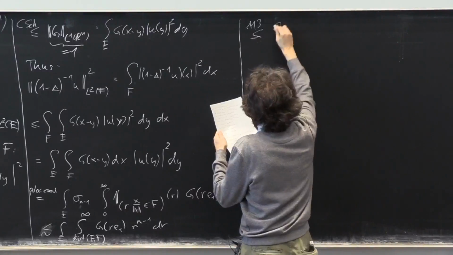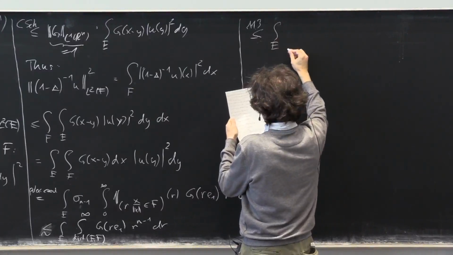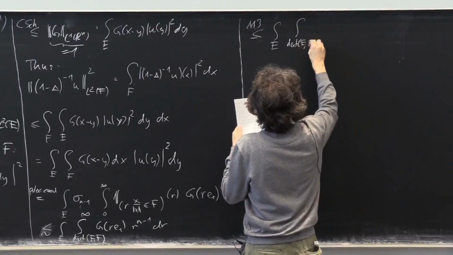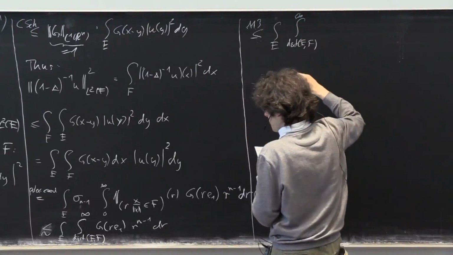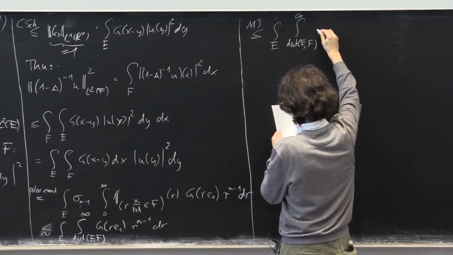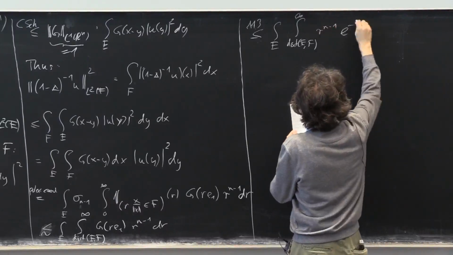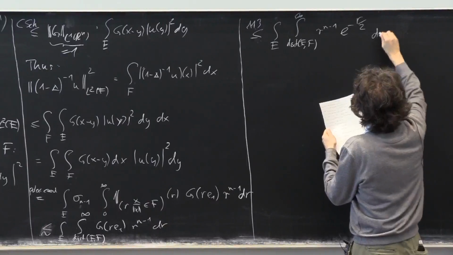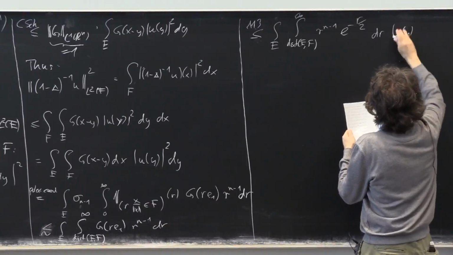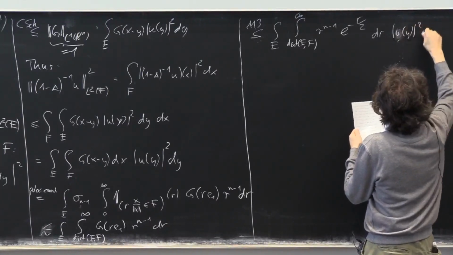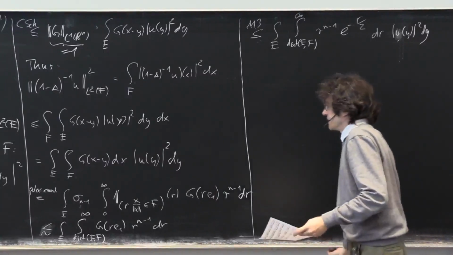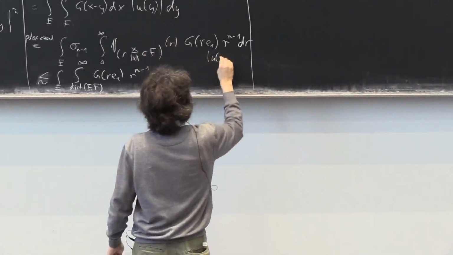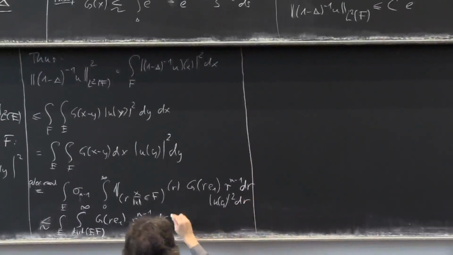This gives us the integral over E, the integral from the distance of E to F to infinity, and then the G can be estimated by e to the minus r over 2. This is exactly lemma 11.3. dr, u of y squared dy. Probably this is missing here. Yeah, this is missing here.